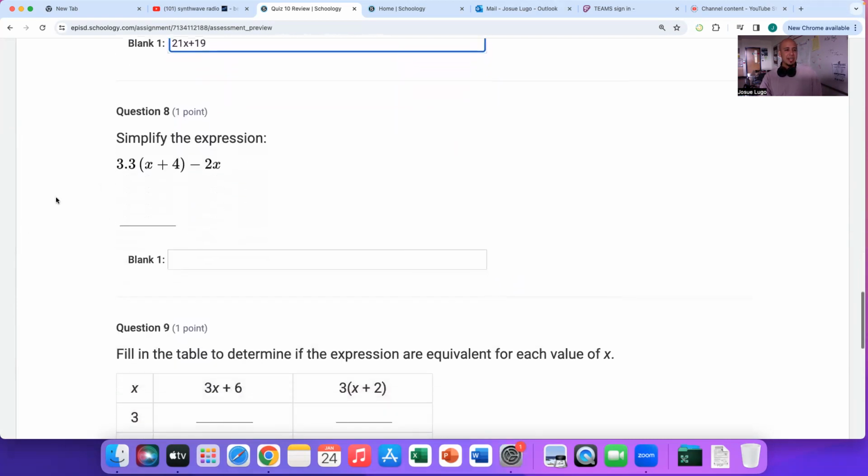Ladies and gentlemen, question number 8 right here shows me the following. It's the same thing. We have 3.3 times (x plus 4), minus 2x. Same thing, I cannot add 4 and x, but I can multiply.